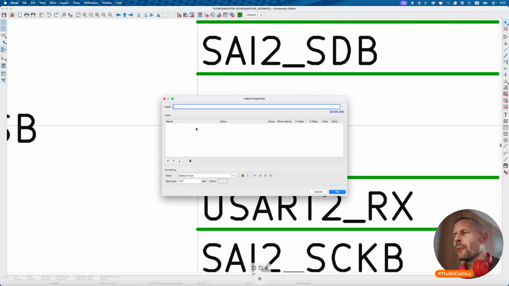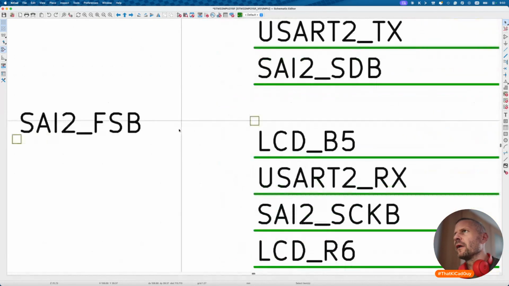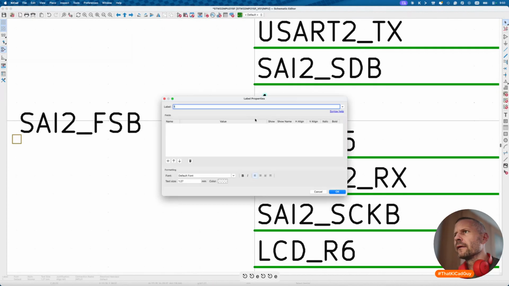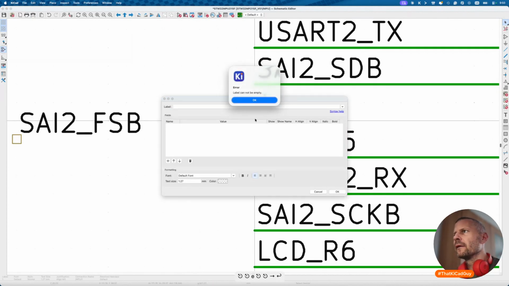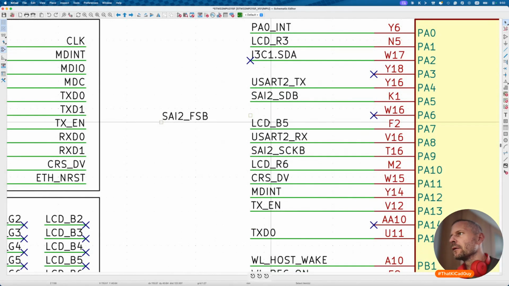Yeah, it's an empty label connecting all the paths together. Have you ever? Yeah, that's empty. A label cannot be empty, I know, but this one is empty. That's the reason.